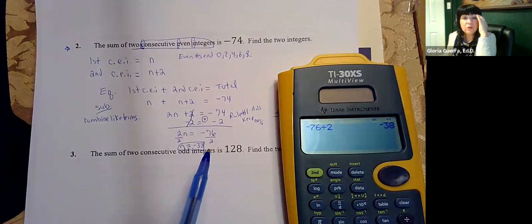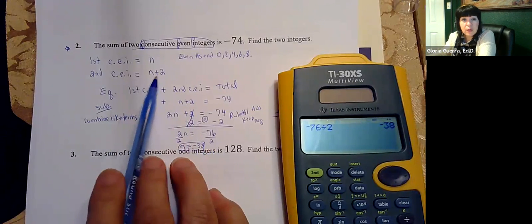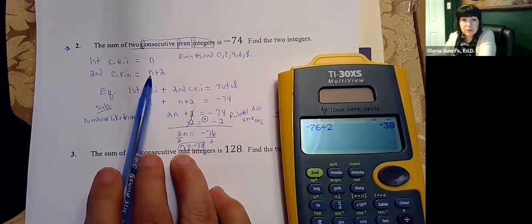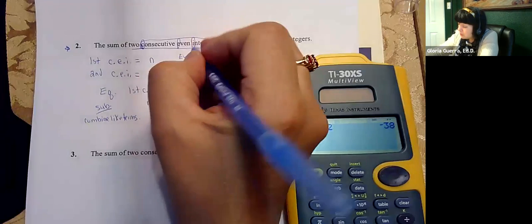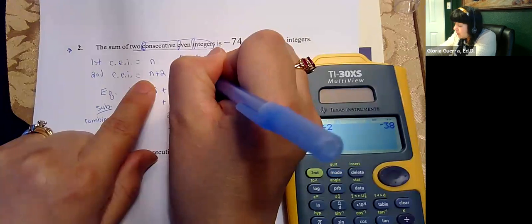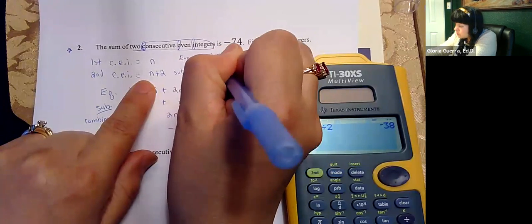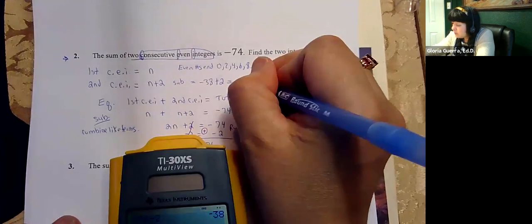And they want you to find the other one. So to find the other one, that's why your teacher wants you to do a little label, because you just come over here and substitute. You already know n is negative 38, so you just substitute. So you have negative 38 plus 2. And that gives you a negative 36, doesn't it?